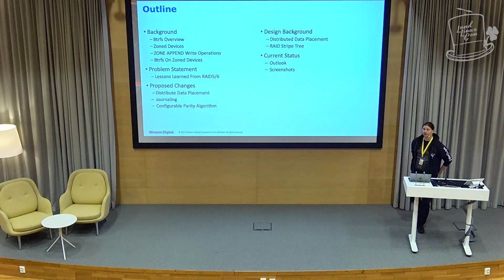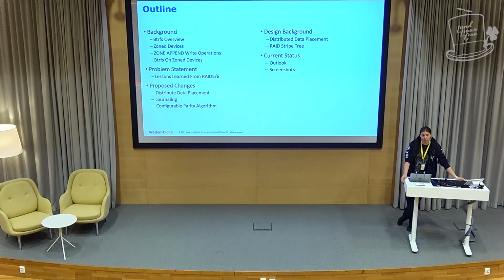A bit of an outline of the talk. Some background on BTRFS, because I'm assuming not everyone is totally familiar with BTRFS. Same for zoned devices. And then some background on the zone append operation, which recently got introduced with the ZNS standard. And then how BTRFS on zoned devices works.